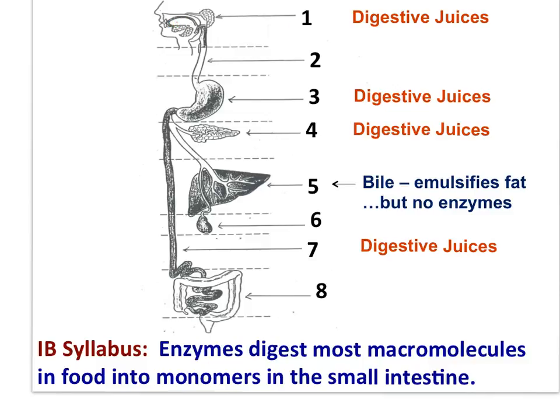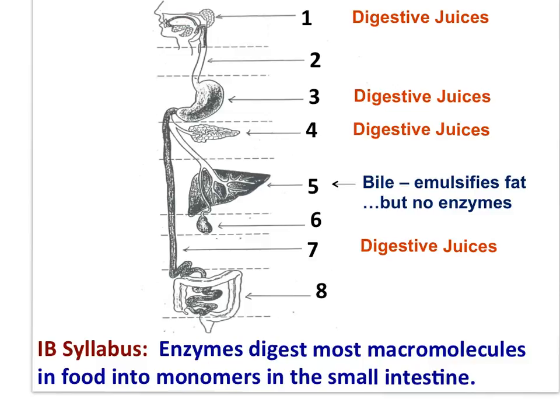Mouth, esophagus, stomach, small intestine, labeled 7, large intestine, labeled 8, and the anus. Both the liver and the pancreas lie to the side of the small intestine. Ducts take bile and pancreatic juices, respectively, to the lumen of the small intestine.